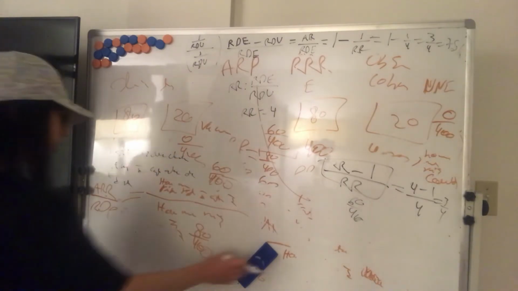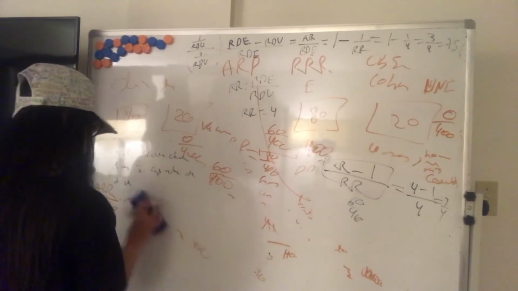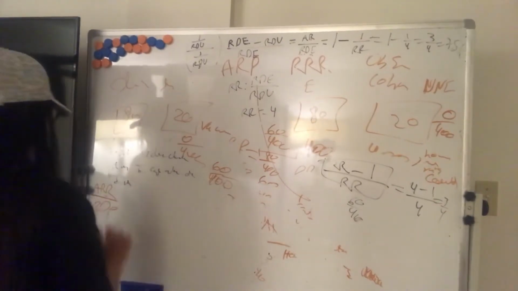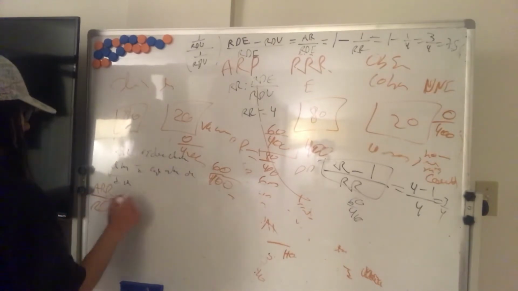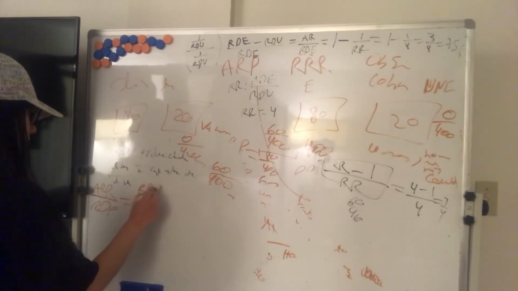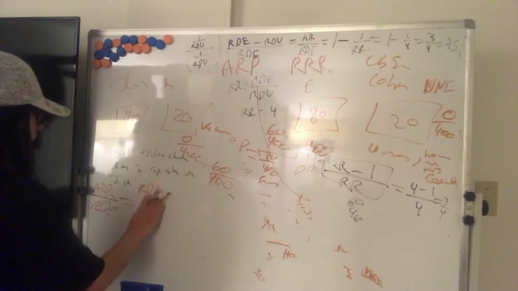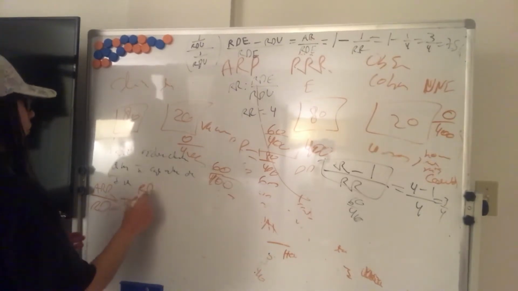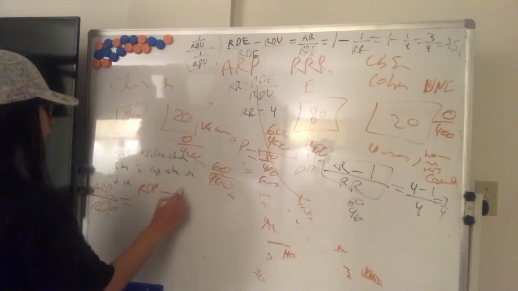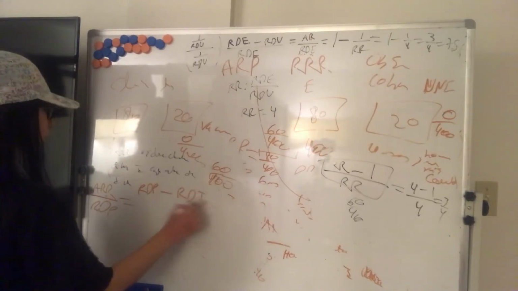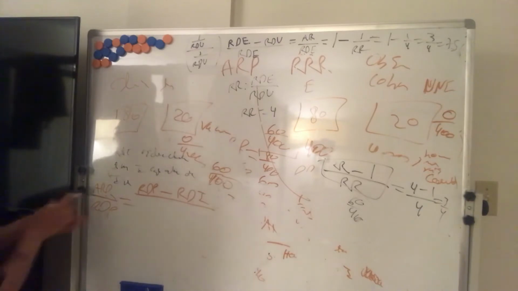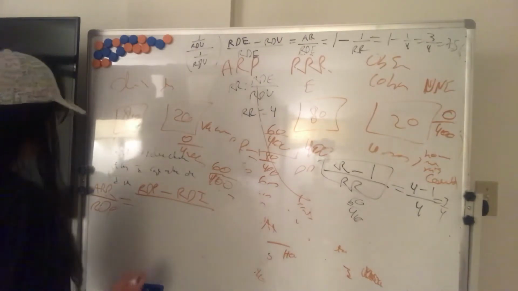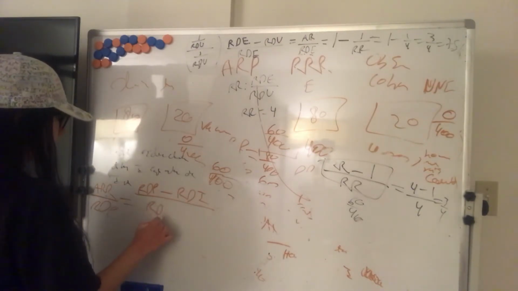Remember that here the attributable risk reduction was the rate of disease of the placebo group minus the rate of disease on the intervened group. This is my attributable risk reduction, divided by the rate of disease on the placebo group.